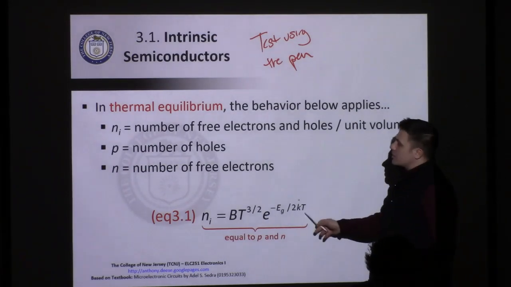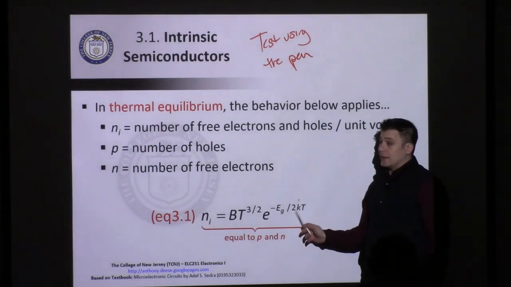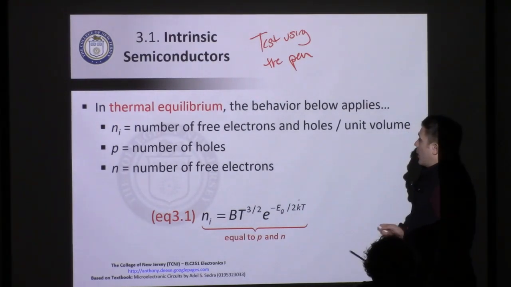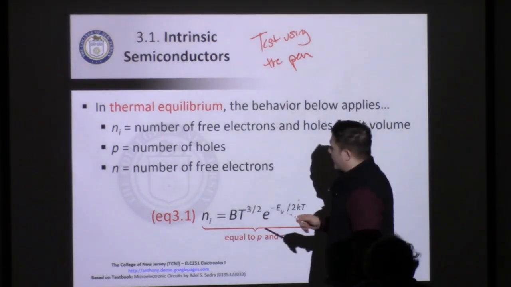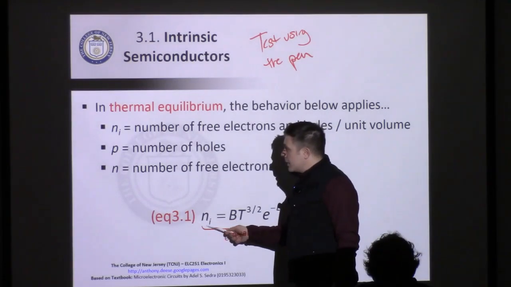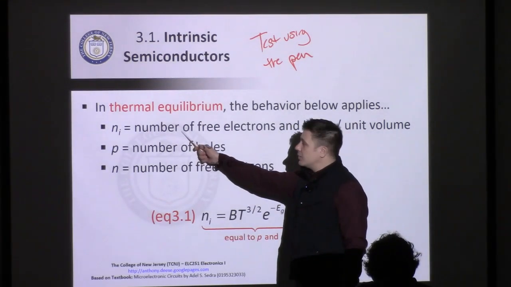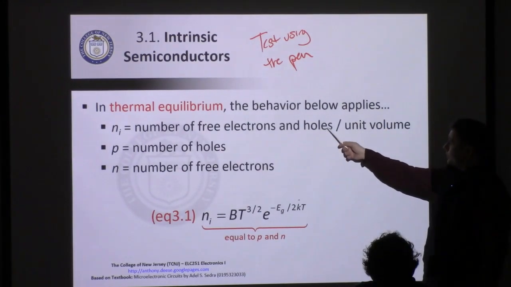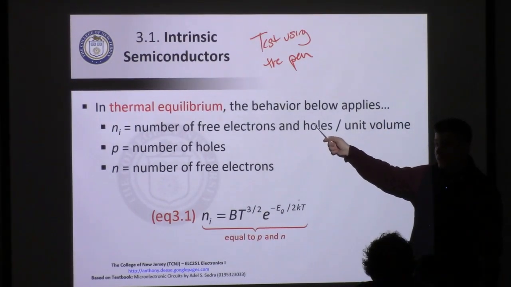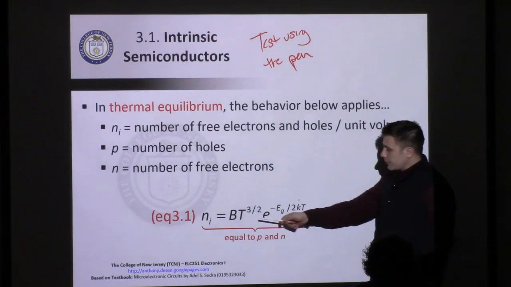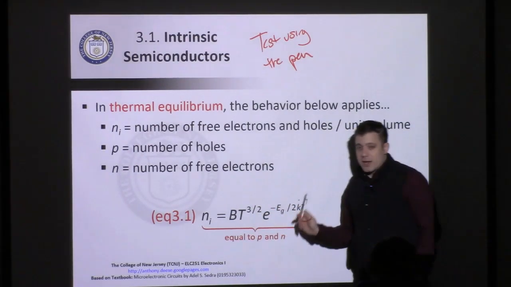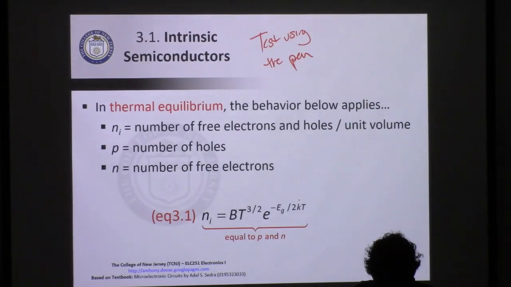All right, so this equation here is an important one. We're going to use it a lot, actually, even when we talk about doped semiconductors. And what it says is that in thermal equilibrium, the number, or we could also say the concentration of free electrons, which is equal to the concentration of holes, is equal to, and I actually have the rest of the values on the next slide labeled.